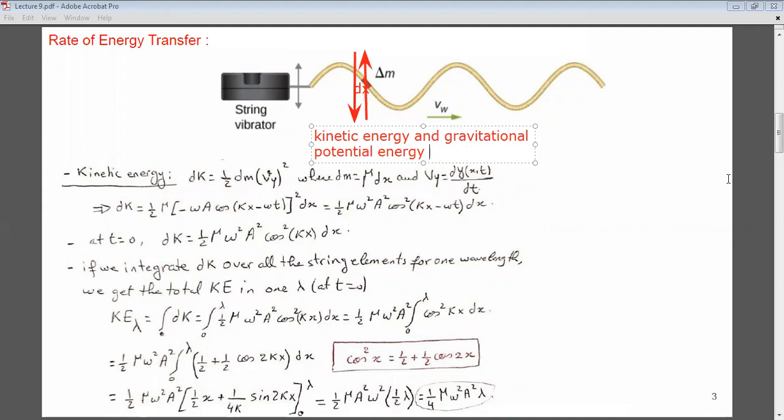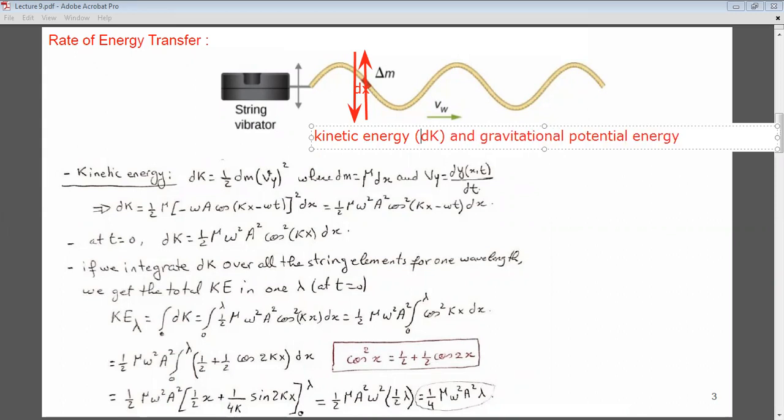So kinetic energy, we will refer to it by dK, where by dK I mean infinitesimal kinetic energy. That is a very small amount, kinetic energy associated with this very small segment of the string, and it has gravitational potential energy. I would refer to it by dU, okay?